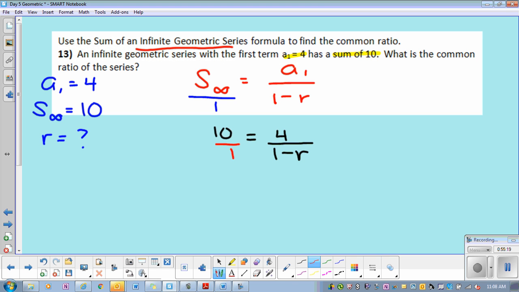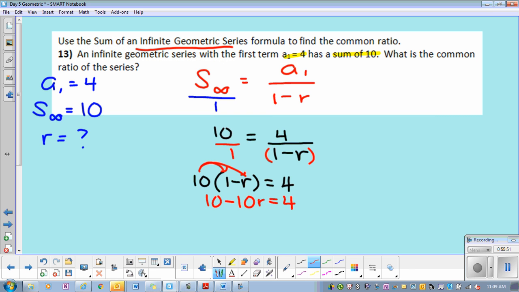Just put parentheses around 1 minus r, and we can cross multiply to find the r. So 10 times 1 minus r equals 4 times 1, which is 4. Then 10 times 1 is 10, minus 10r equals 4.